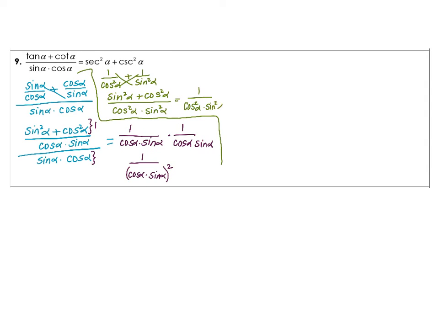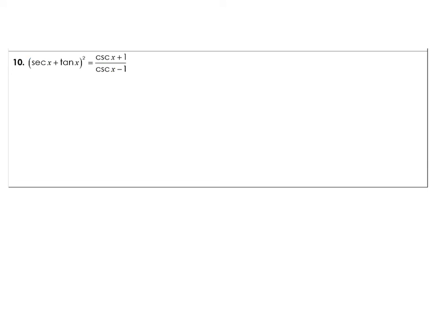So it does verify. You just had to work both sides, but again, you work them independently. You did not add or subtract anything across the equal sign, so it's perfectly okay.